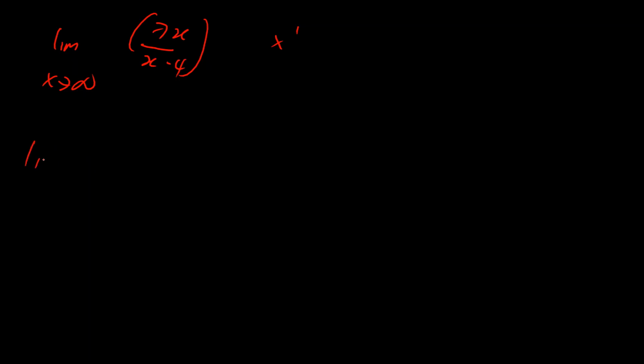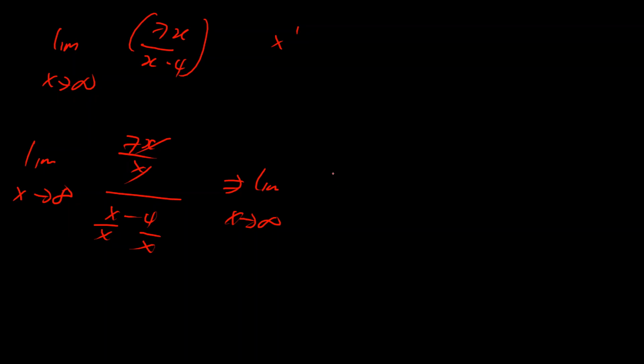So we are going to have the limit as x approaches infinity of 7x over x, all over x over x minus 4 over x. Now these cancel, so we are going to have the limit as x approaches infinity of 7 over 1 minus 4 on x.